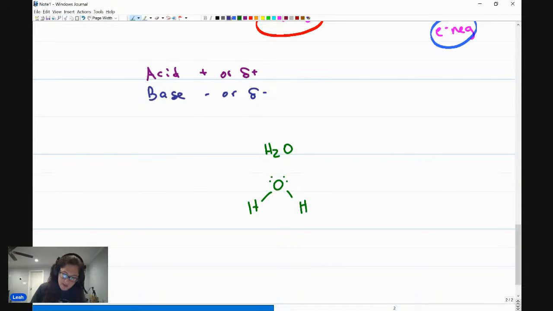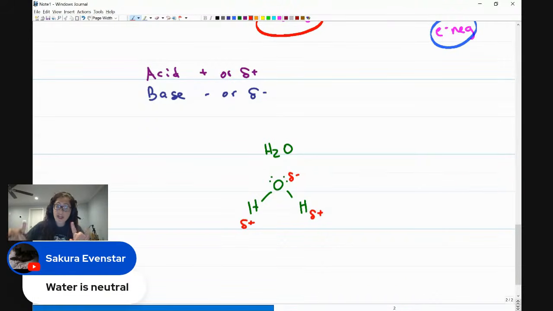Well, let's see. I have a partially negative oxygen, partially positive hydrogen, and partially positive hydrogen. Water is neutral, but it does participate in reactions. And so, even though water is neutral, it can still be an acid or a base. It can be both.